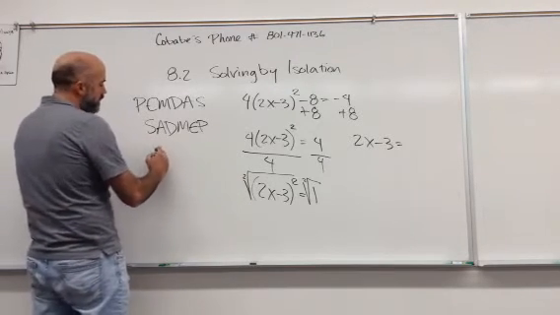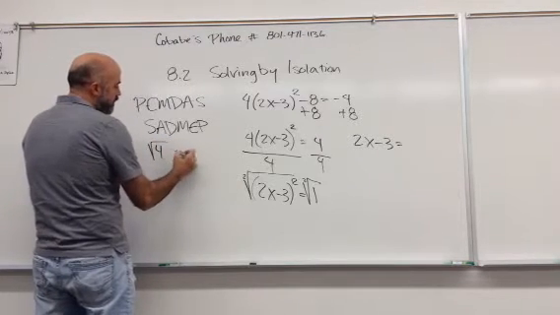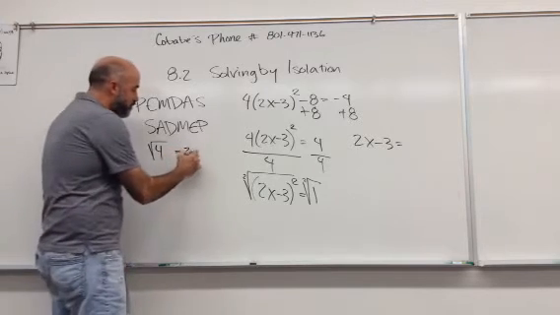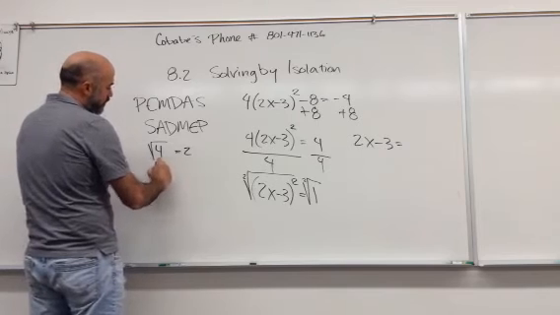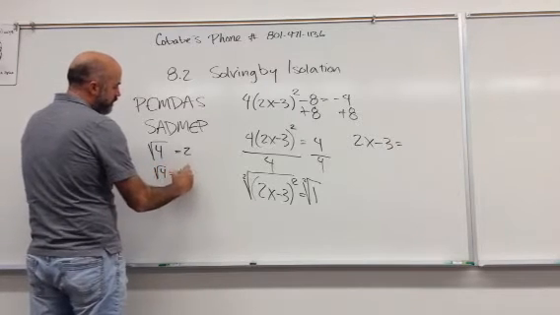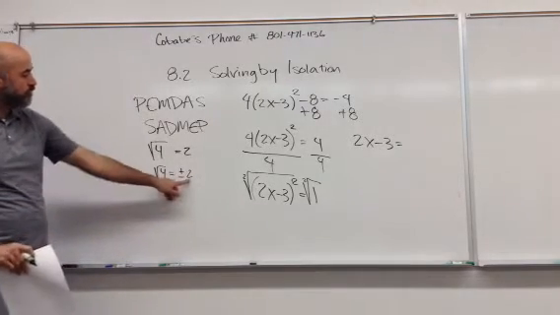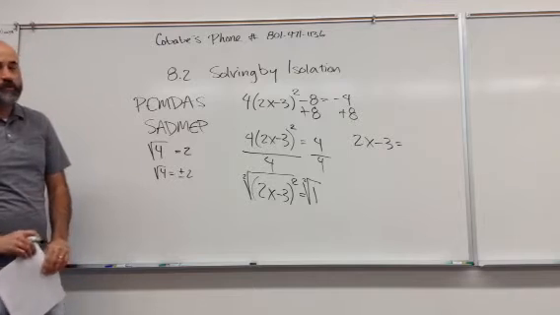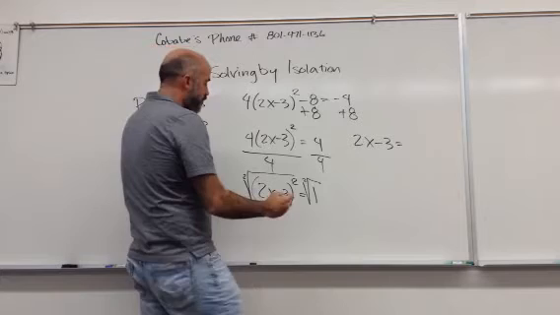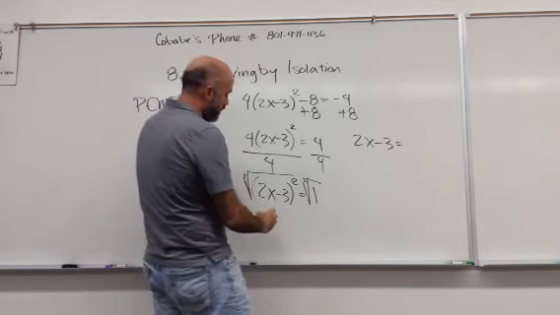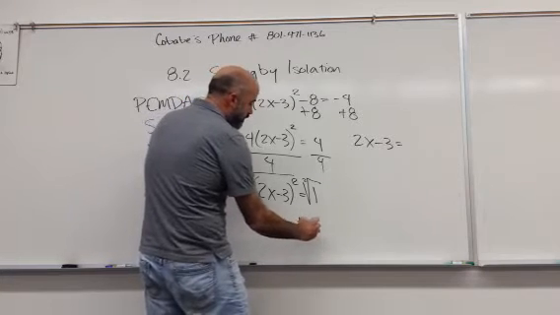And the reason why, if you have something like the square root of 4, and what you're used to is that is 2, the reason why it's actually plus or minus 2 is because 2 squared is 4, but negative 2 squared is also 4. So at this point, when you take the square root, it's plus or minus. 2x minus 3 equals plus or minus 1.